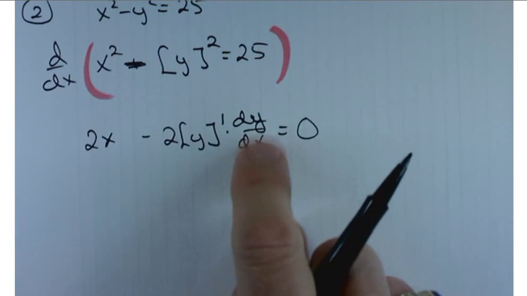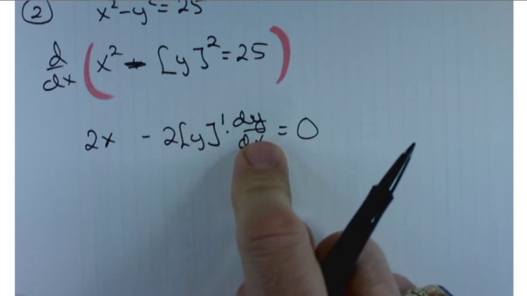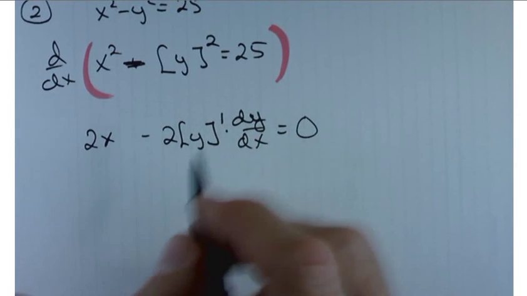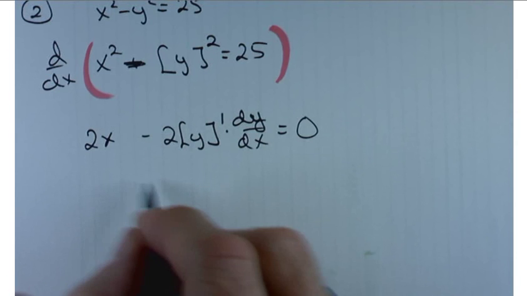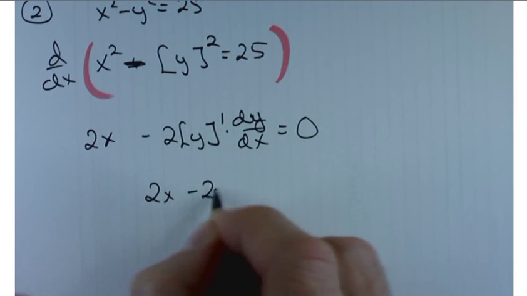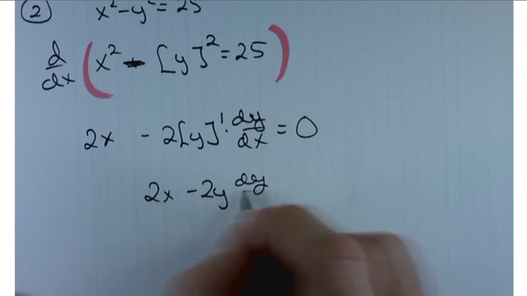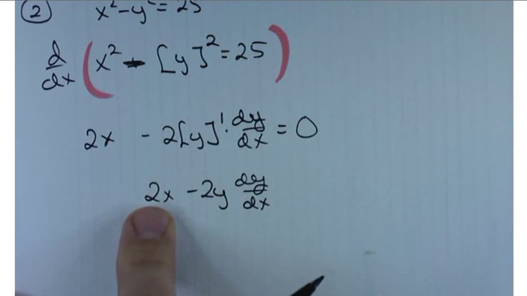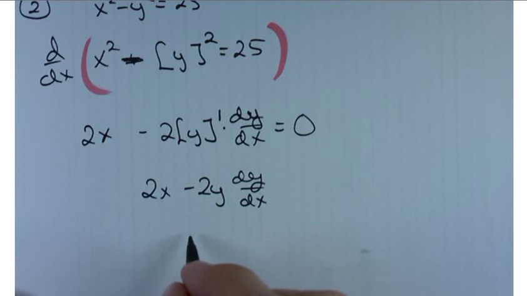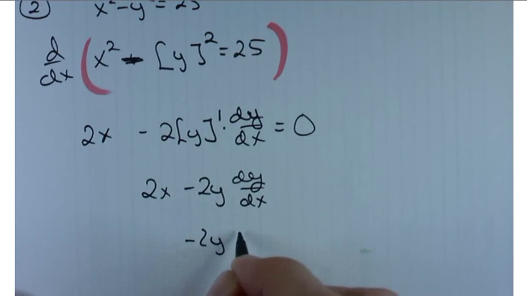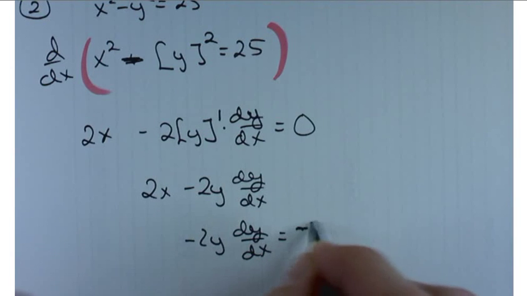Our goal is to get dy by dx by itself. Now this 1 here, maybe I shouldn't have bothered to write that. That's just really 2y to the first power, or just 2y. I can subtract 2x from both sides. You get minus 2y dy dx equals negative 2x.